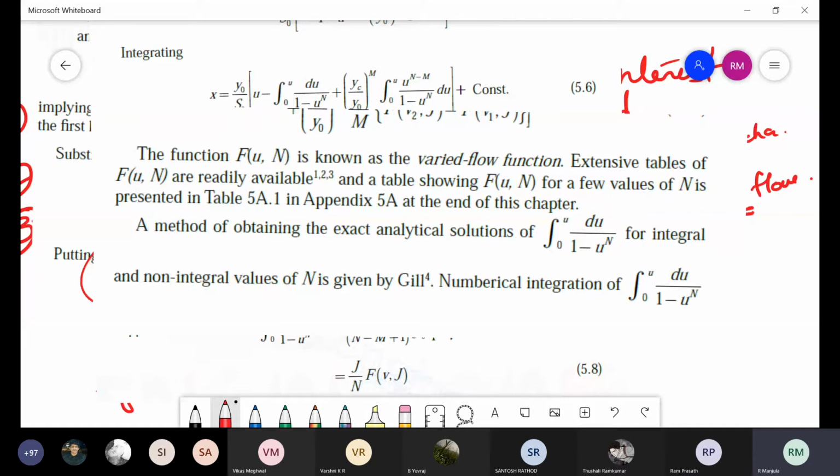We will see one typical problem. Let us consider a small problem, how the direct integration method is actually useful.